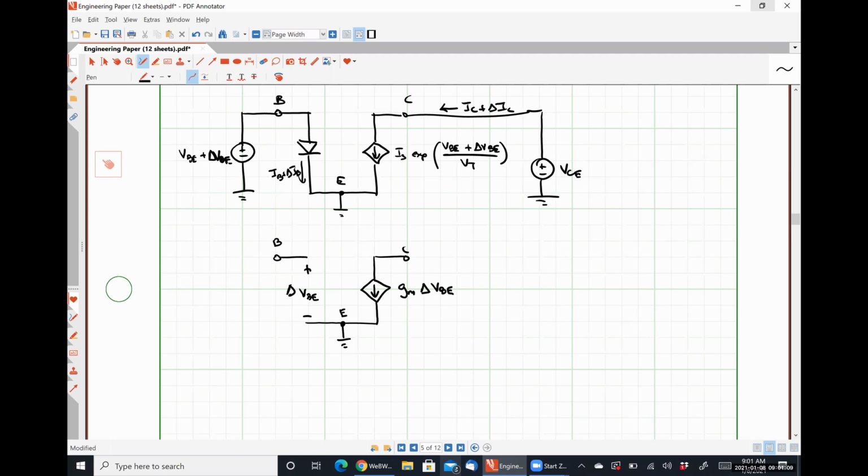So this is our starting point. Our next step in this, and I honestly could not tell you why this is done, we are going to replace delta VBE with V pi. That's it. For some reason unknown to me, in every textbook I have found, a small change in VBE is called V pi. So we're just going to change it so that it'll match the textbook.